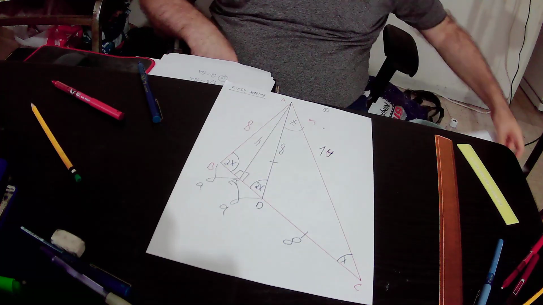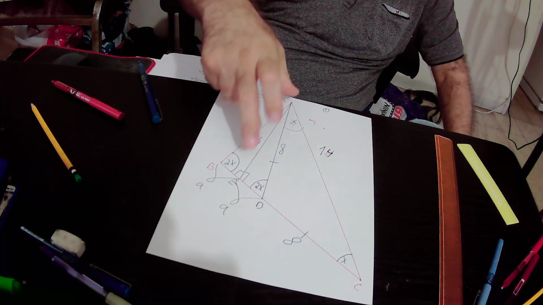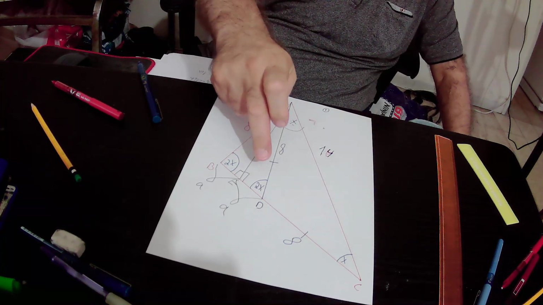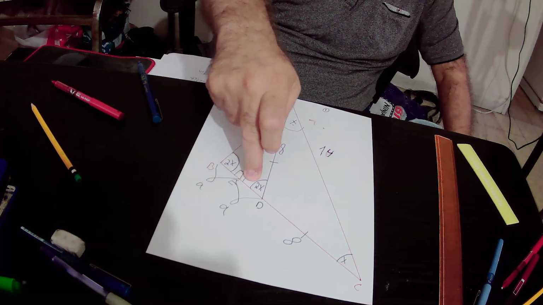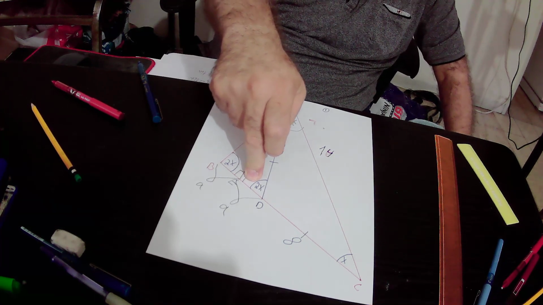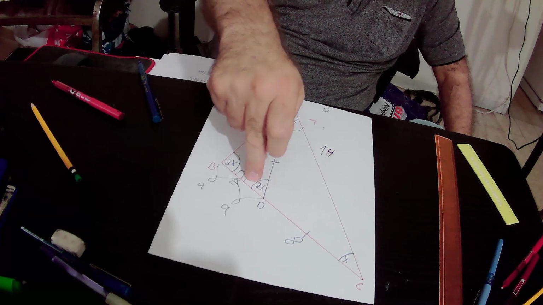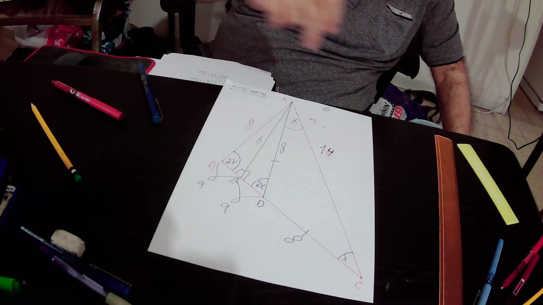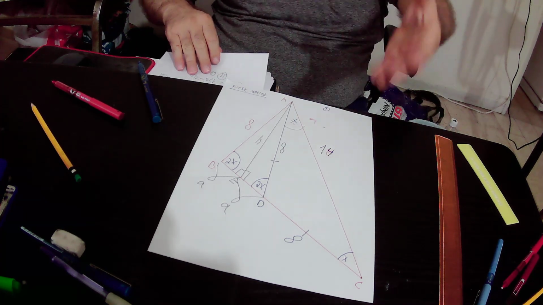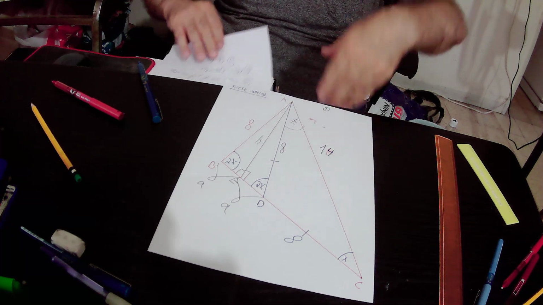Okay, and then we relate it to the right triangle AEC. Triangle AEC is a right triangle because it has one angle that is equal to 90 degrees. This angle AEC equals 90 degrees. So we can implement the Pythagorean theorem in the right triangle AEC.